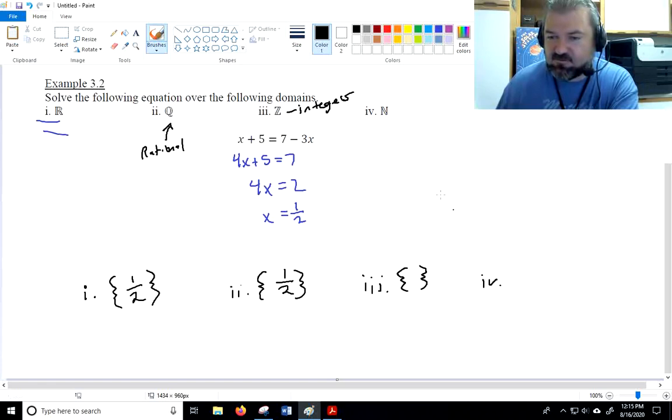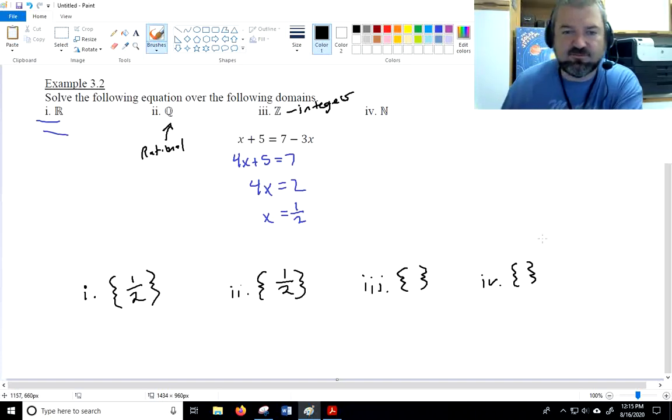And lastly, for the natural numbers, those are the positive integers. This is also an empty set. And this is something that you'll see a lot more of in later math classes that you'll take in school. We'll occasionally come across it, but it's an important thing to understand that your solutions depend not just on what makes the equation true, but the domain in which you're solving.